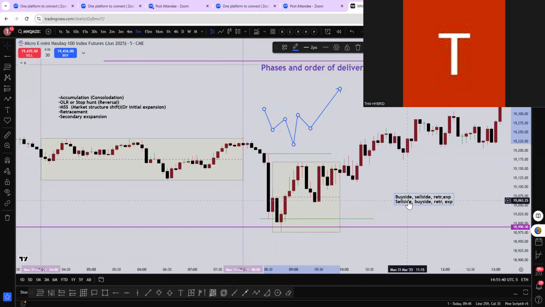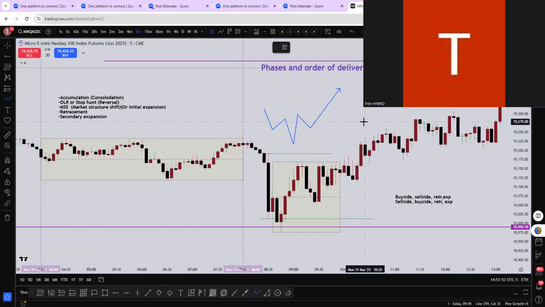Order of delivery simplified: buy side, sell side, retracement, expand; sell side, buy side, retracement, expand. So if we're going down, we need to take buy side first, in the form of that high, sell side in the form of this low, retrace to fair valuation, and drop.